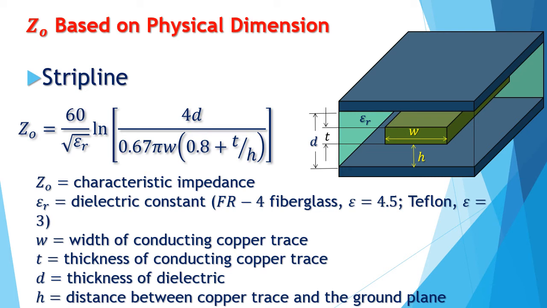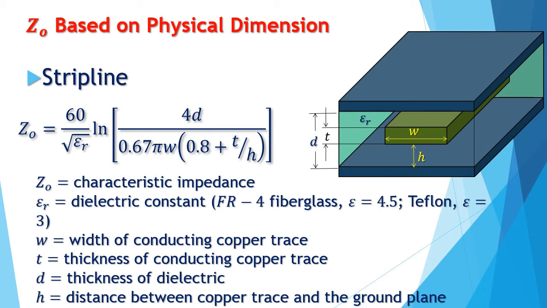Now, W is the width of the conducting copper trace. The copper trace is in between the ground planes. So as you can see in the diagram, W is the width of that copper trace. And T is the thickness of the same copper trace. D is the thickness of the dielectric material. And lastly, H is the distance between the copper trace and the ground plane.